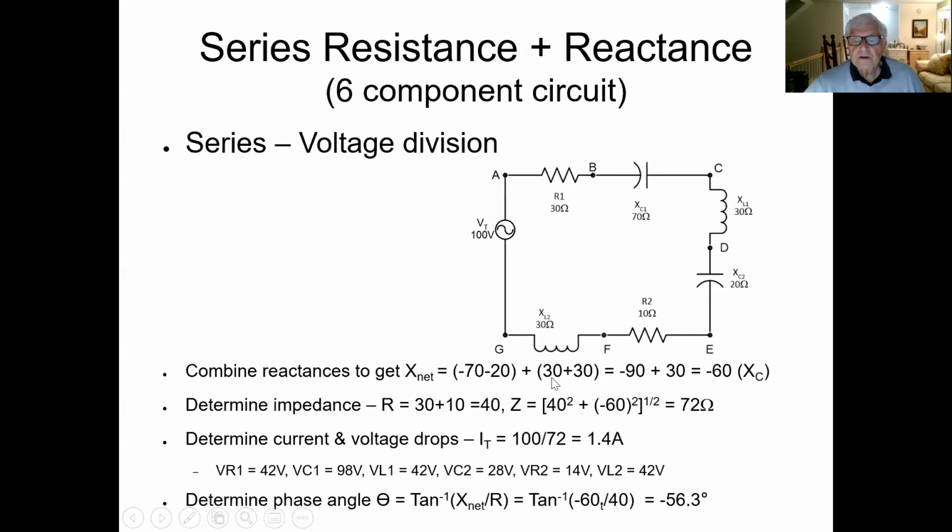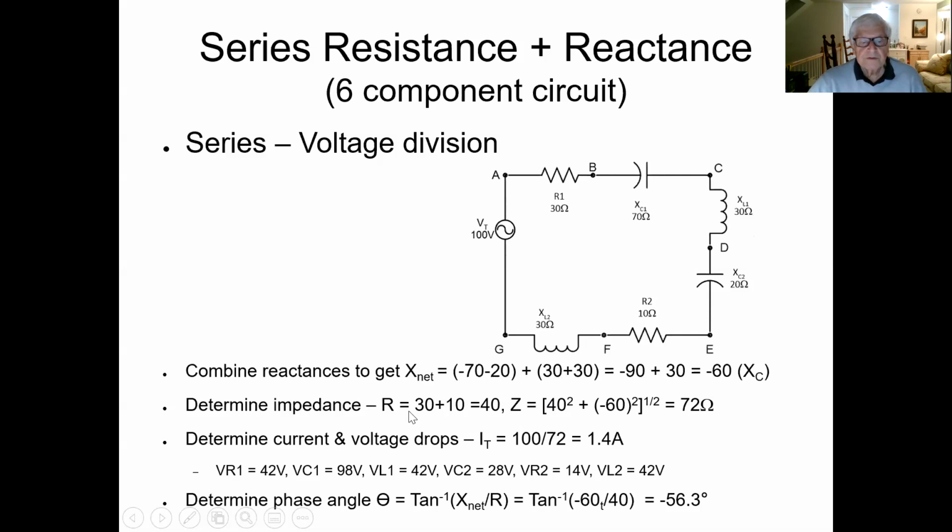And then for the inductors, we've got just the 30, unless there's another. Oh, there's two 30s, so 30 and 30, okay? So we've got 30 and 30 are 60, minus 90 plus 60, so we get minus 30... so it's capacitive.